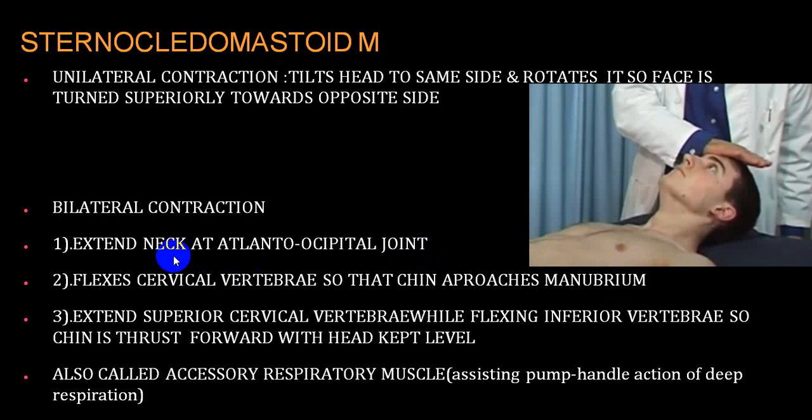So at the atlantoaxial joint, it will help you to extend the neck. And while working on the lower vertebrae, it will help in flexion of the neck. So when you want to touch the chin, sternocleidomastoid will be working as a flexor. And when you want to extend the neck, it will also be working as an extensor.